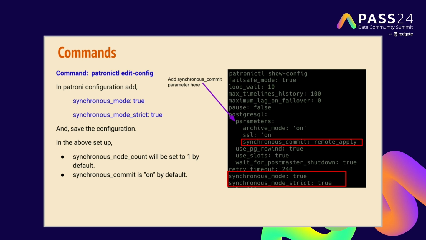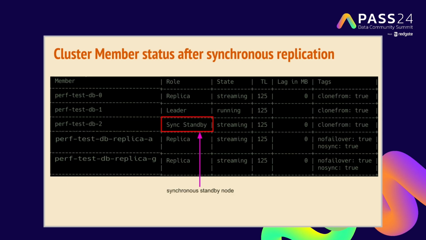If you want to change synchronous_commit, you change it under postgresql.parameters. Once I save the configuration and run patronictl list, as you can see, it picked up one server to be part of synchronous replication. Perf test DB2 here is the synchronous standby.